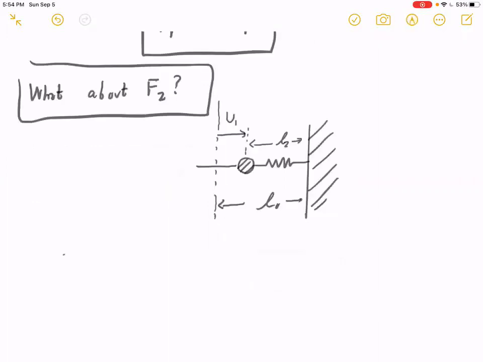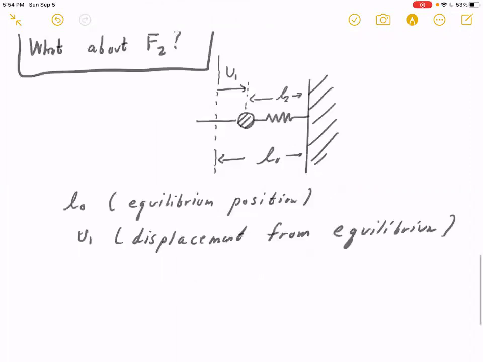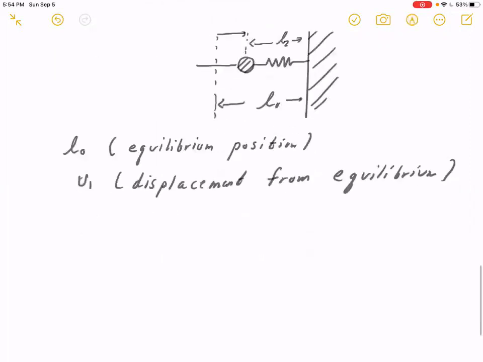So again, what are these? L naught is the equilibrium position of the mass. U sub 1 is the displacement of the mass from equilibrium, and L sub 2 is the final position.